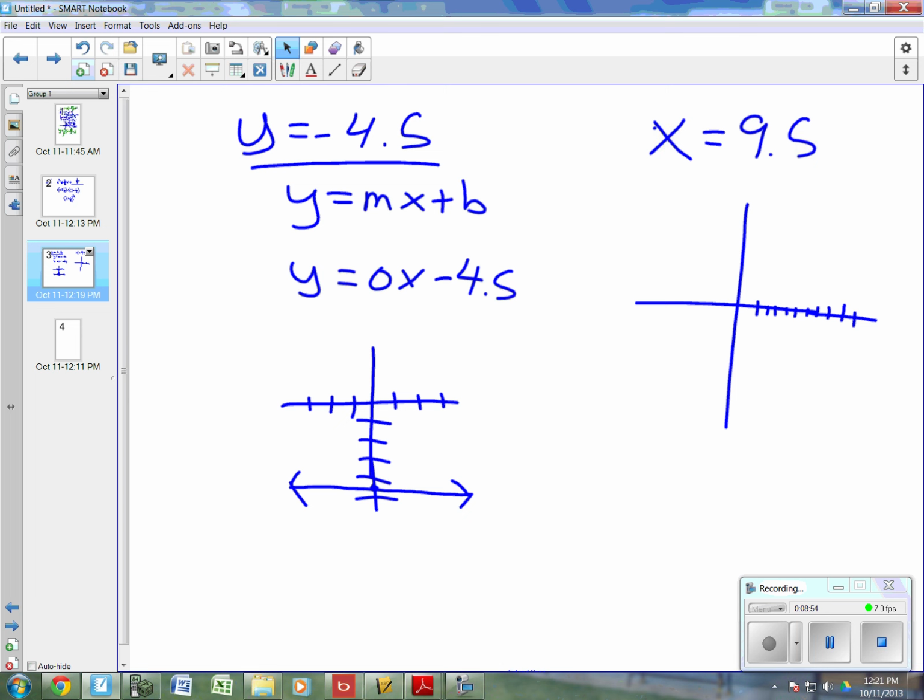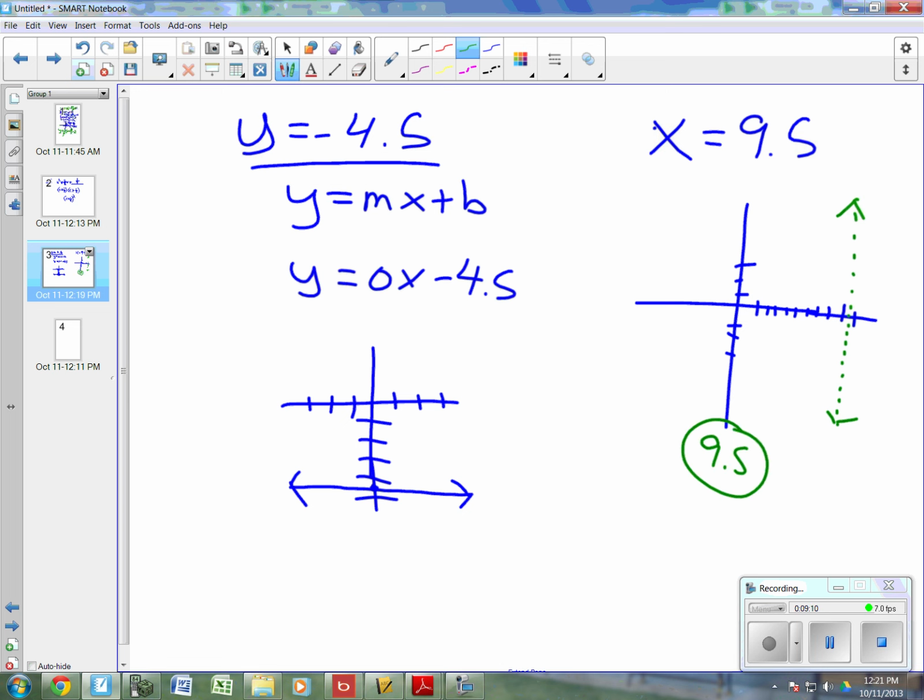Okay, there's 10 right out there, right? Okay, 9.5 would be the vertical line going through 9.5 on the x-axis. That would be it right there. So 9.5 is the x-intercept. That's where it crosses. Any questions on that?